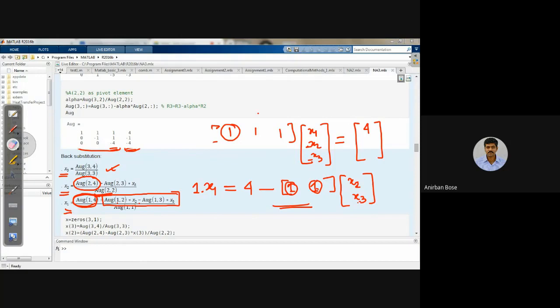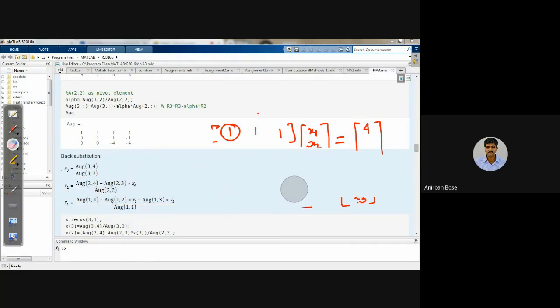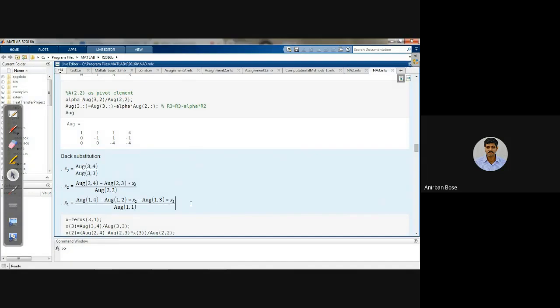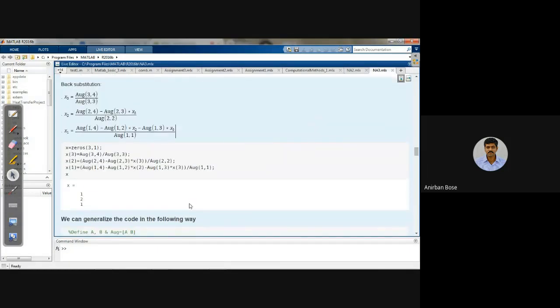Okay, so now once this has been done, you can easily find out the solution. As you can see, this has been done. How we have defined x3 is this, x2 is this, x1 is this, and if you write what is x, you will get x1, x2, x3.